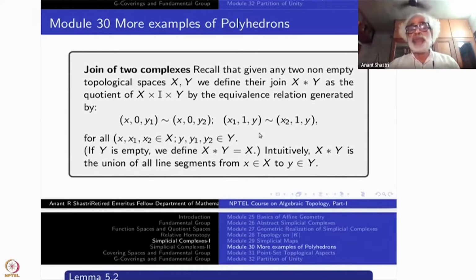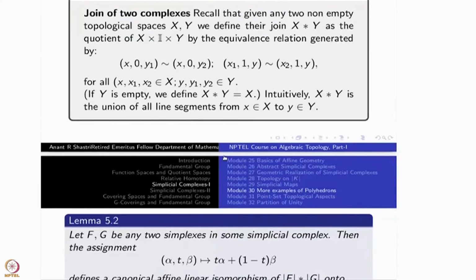So that is the definition of the join. What we want to show is that if X and Y are triangulable, then its join is triangulable. This is what we are trying to prove now.